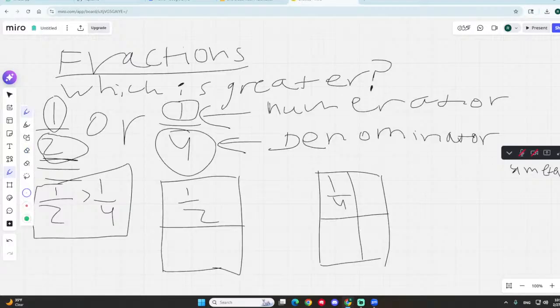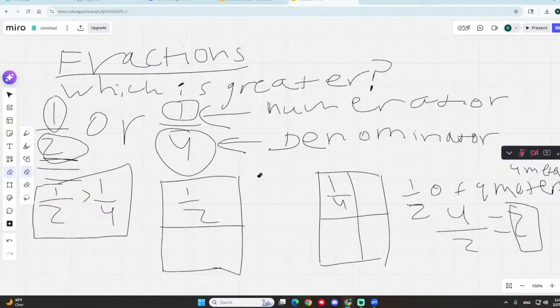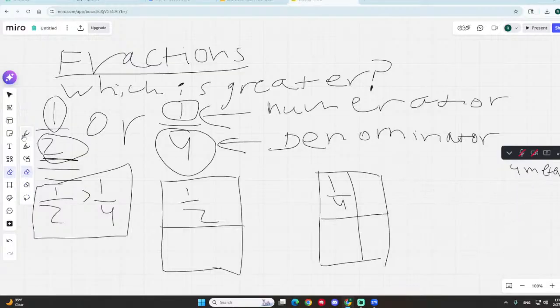When we're taking 1/2 of 4 meters, we can find this by doing 4 divided by 2, and 4 divided by 2 equals 2. So that's how I got 2. But we don't need to know that for now. For now, we're not doing division this class. We're just going to be doing these fractions.